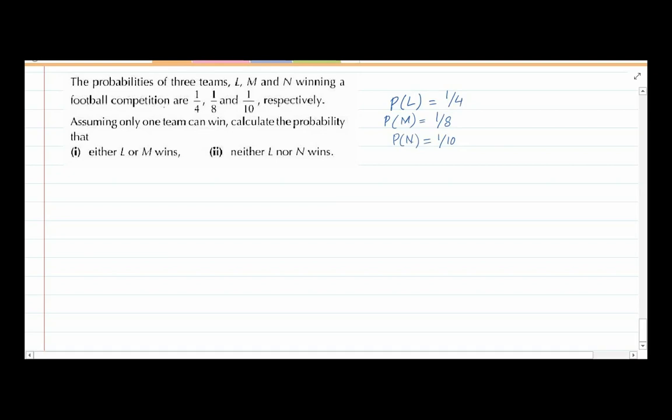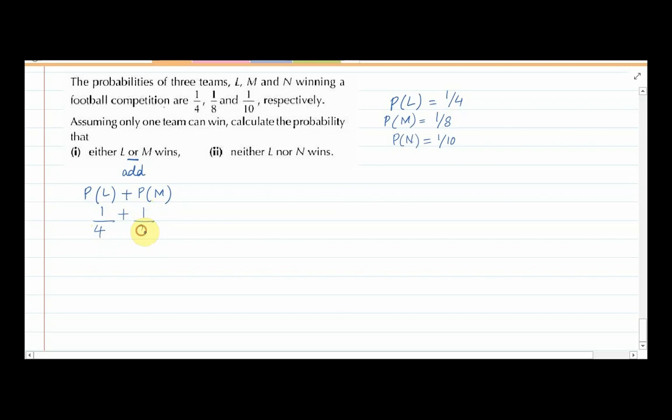Now we know that the meaning of or is you need to add them. So it will be probability of L plus probability of M. We have the values of probability of L and M. So probability of L is 1 divided by 4 plus probability of M is 1 divided by 8.